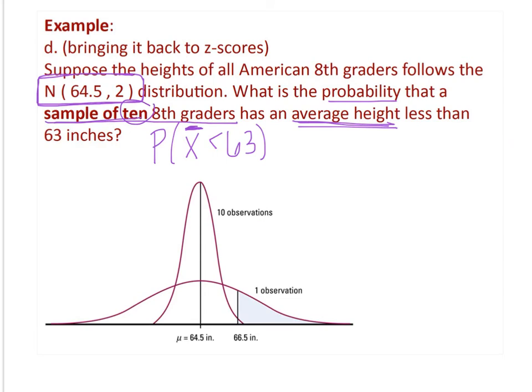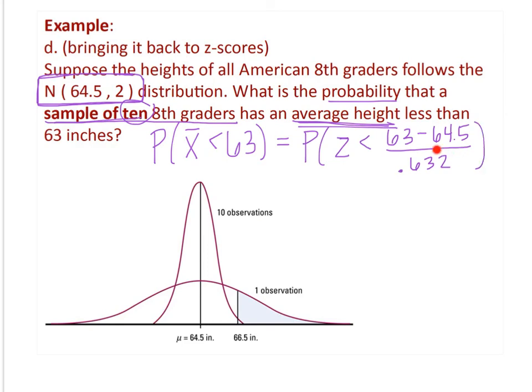So the probability that x bar is less than 63 is asking what's the probability that my z-score is less than 63 minus the mean of my sampling distribution, which is 64.5, divided by the standard deviation of my sampling distribution, which we got to be 0.632.